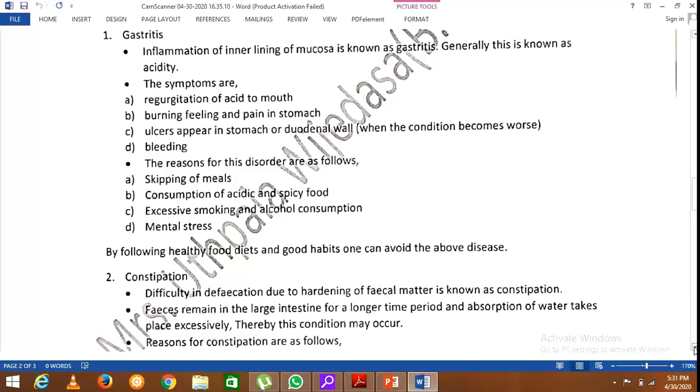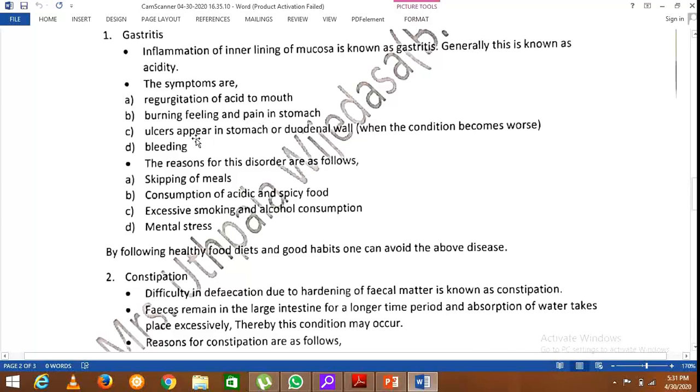The symptoms of gastritis are regurgitation of acid to the mouth, that means acidic gas. Sometimes the acids come into our mouth. Then a burning feeling can be there, a burning sensation along the esophagus and inside the stomach, and this can cause pain inside the stomach.